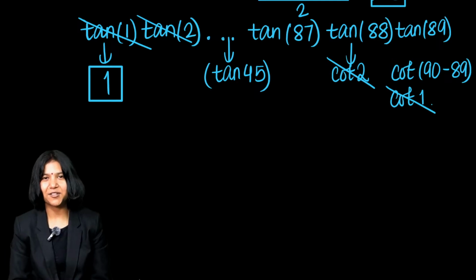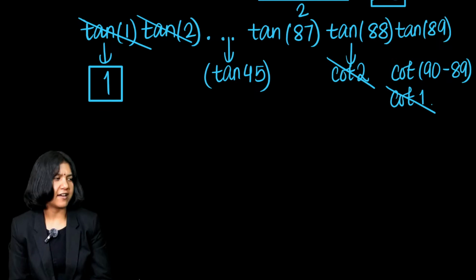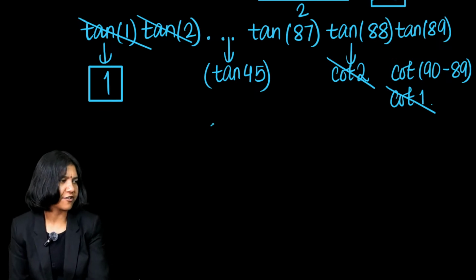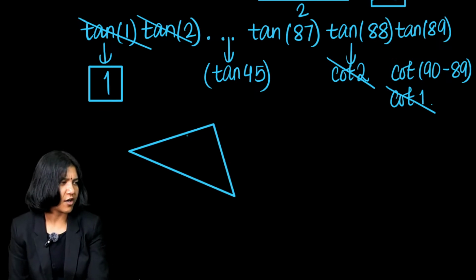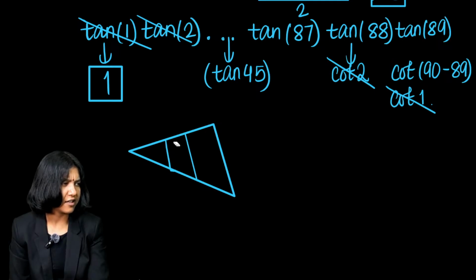But if you come to class 10, then you will see how sine, cos, tan are just the names of different ratios. Because if I have a triangle like this, and now I divide this triangle into multiple triangles, I can divide it into as many triangles as I want. Keeping the base parallel like this, I can divide it into multiple triangles, keeping this angle fixed.